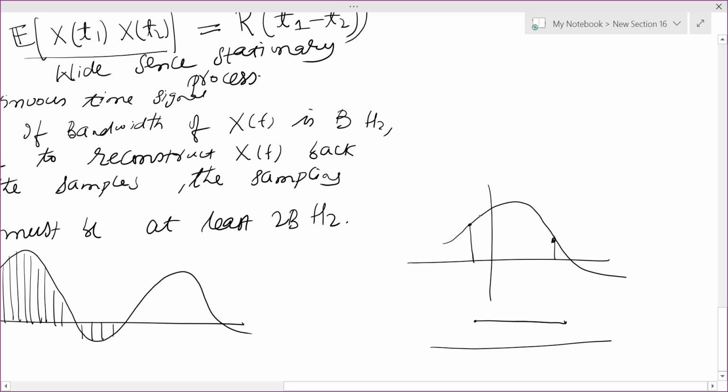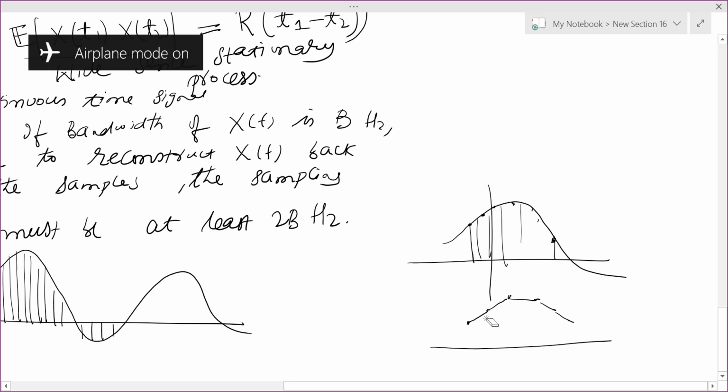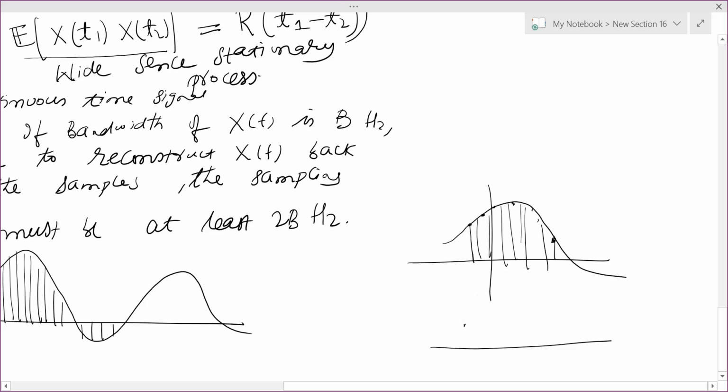But if you increase the sampling rate, you take more samples, you get this point, this point, this point, this point. If you join them even by straight lines, you approximately get a similar signal. If you take even more samples, you will get closer points, and when you combine them, you will get it more smooth.